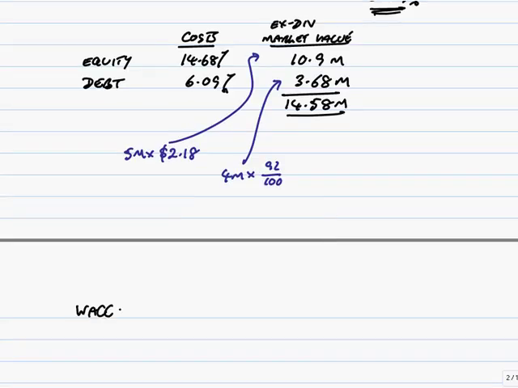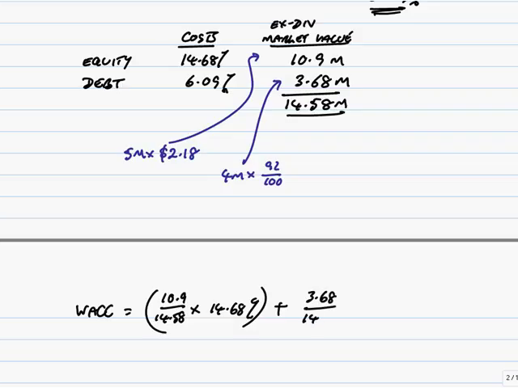So the weighted average cost of capital here, equity is 10.9 million out of a total of 14.58 million, and the cost is 14.68%. Debt comprises 3.68 million out of a total of 14.58, and the cost of that is 6.09.